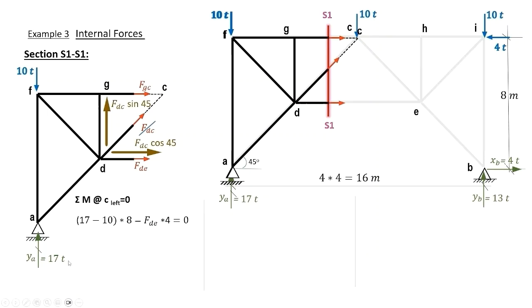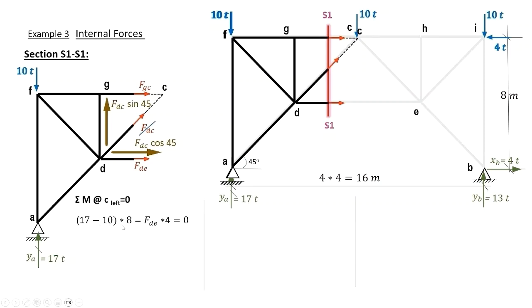So we have 17 rotating clockwise about C taken positive and multiplied by the arm 8, and 10 rotating counterclockwise about C having an opposite sign, a negative sign, and multiplied by the same arm 8, and therefore both forces may be computed in one shot.